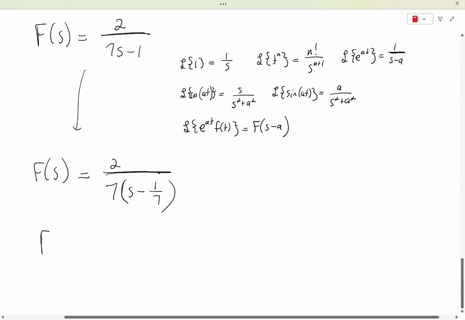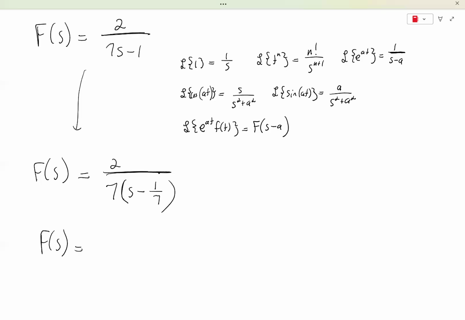Okay, so then capital F of s equals, then I could say 2/7 times 1 over s minus 1/7, like that.